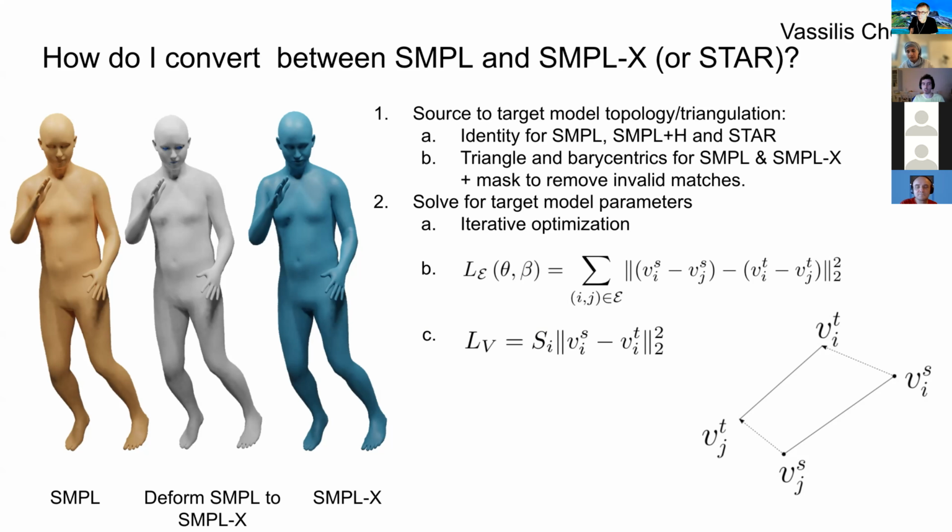One is a loss on the edges, so we penalize the vertex pairs that form an edge on the mesh, and also the actual vertex positions. Although it might sound redundant to have vertex positions alongside the edges, this helps converge to a better minimum and get a tighter fit.